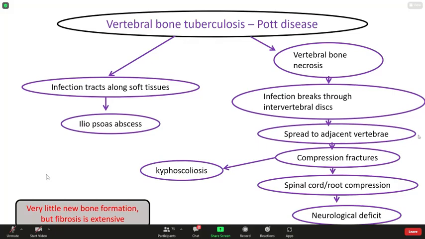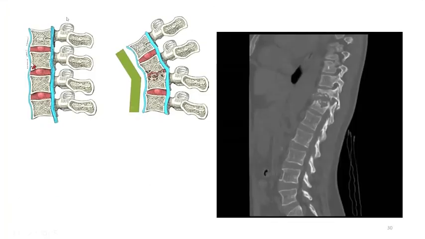One important thing to remember is that in tuberculous osteomyelitis, there's very little bone formation, but extensive necrosis and fibrosis. Infection in one vertebral body may extend into the adjacent intervertebral disc and the adjacent bone, causing destruction of the vertebral bodies and kyphoscoliosis. And this is an MRI of a patient who had Pott's disease.